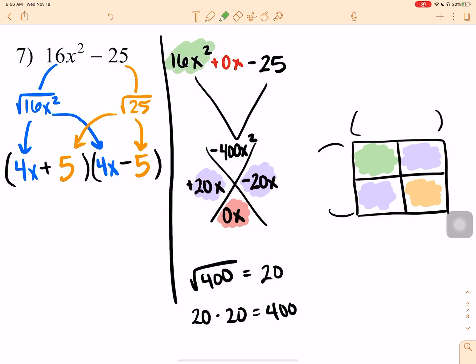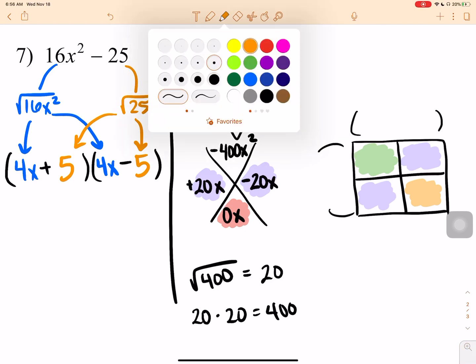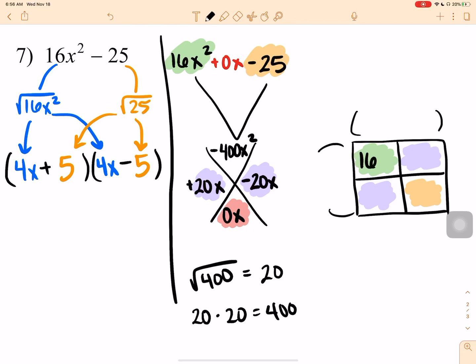So here I have my top term, my bottom right term here, 16x squared, negative 25. My purples, I have 20x and negative 20x. So this one's different than the ones we've been doing because we do have a coefficient other than 1 for the x squared.